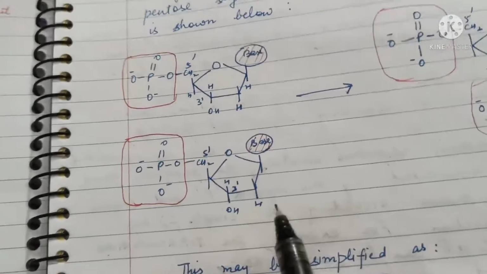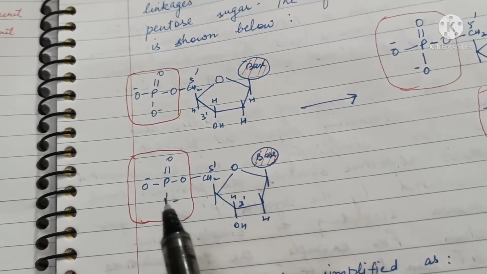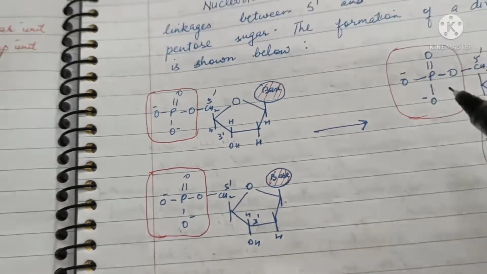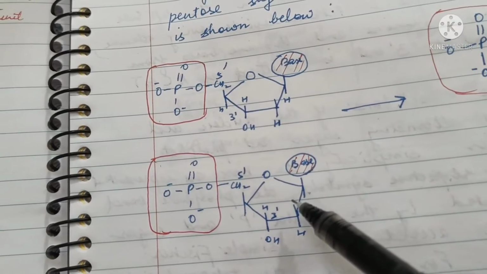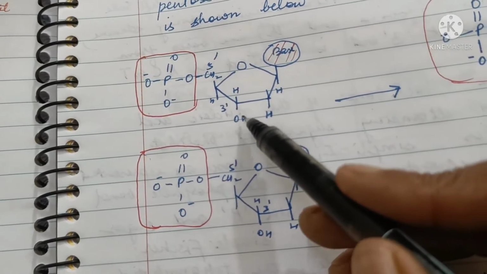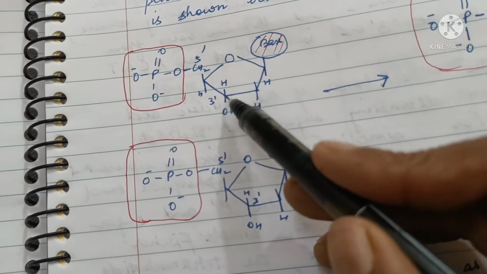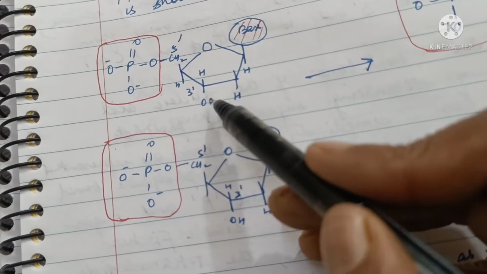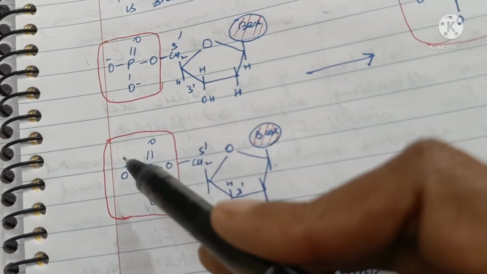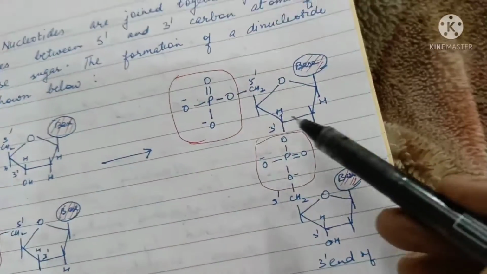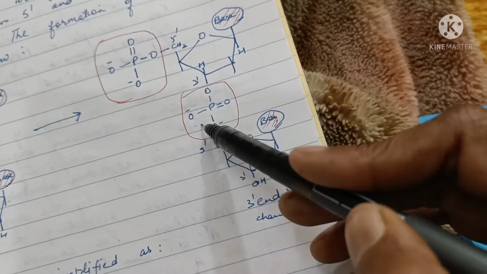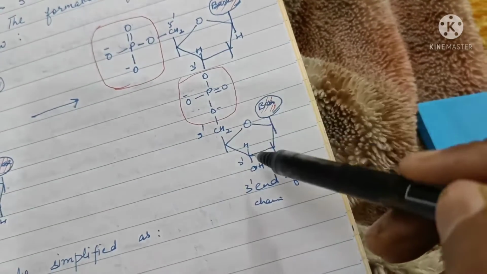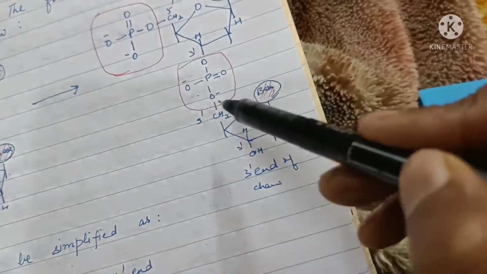This is another nucleotide: base, sugar, phosphate. The upper nucleotide will attach to the lower nucleotide through the OH present on the 3 prime of the upper one. So this will combine here to form this diester, phosphodiester linkage. 2 nucleotides are joined together by phosphodiester linkage.